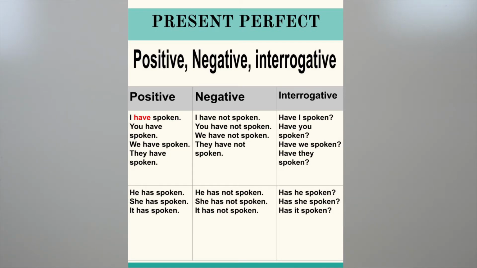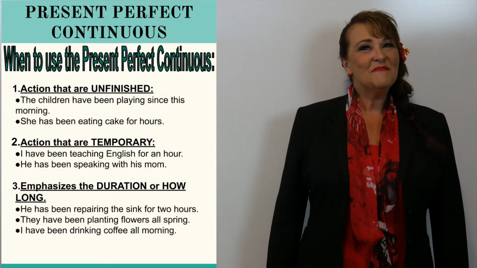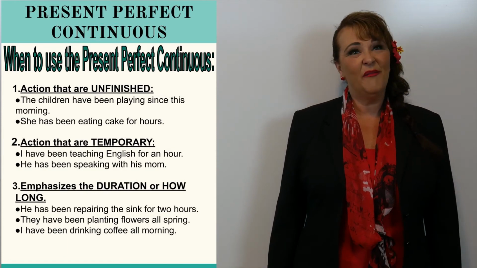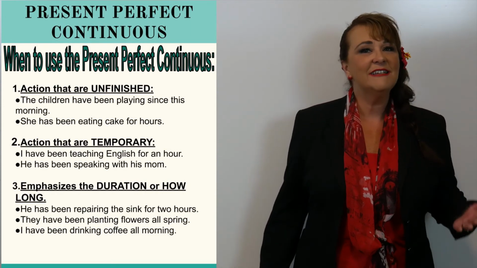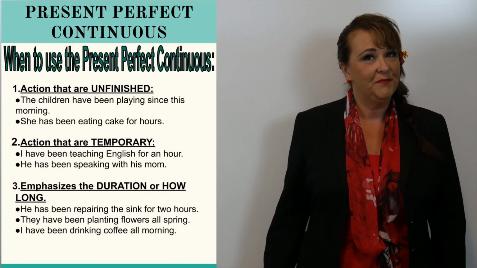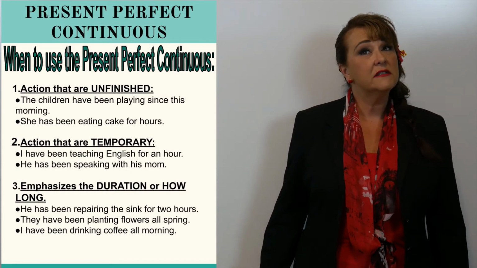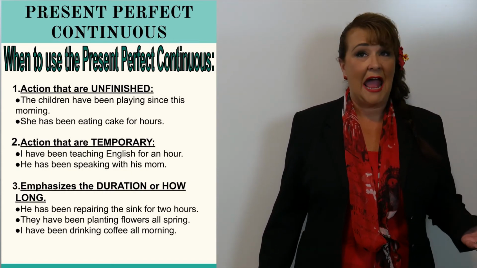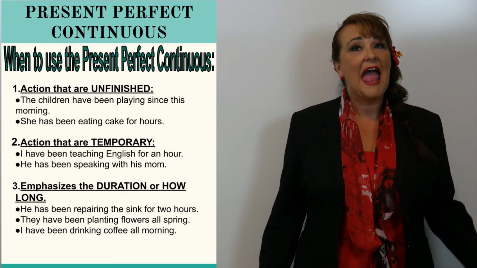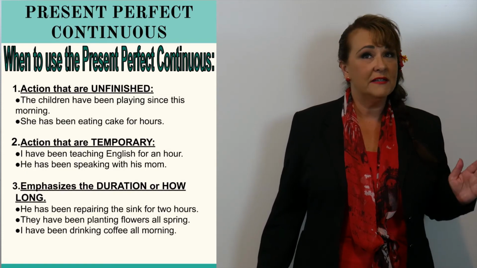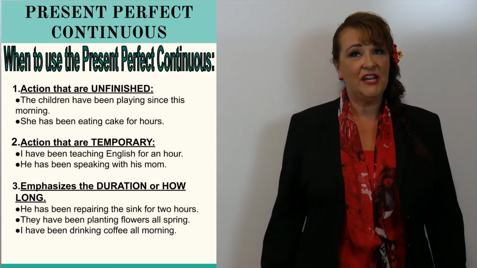So now that we've briefly discussed the present perfect, let's look at the last aspect, the present perfect continuous. The present perfect continuous is less common than the previous aspects, but it does have a very specific application. The present perfect continuous is formed using either has or have plus the word been and the verb in the present participle ing.